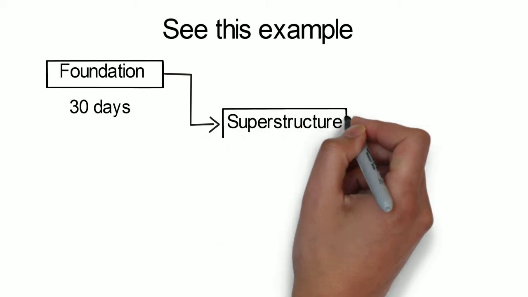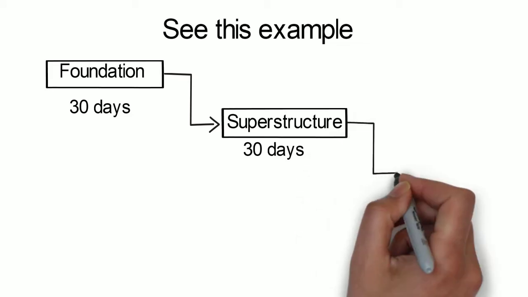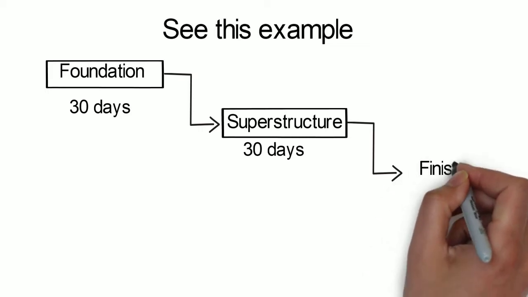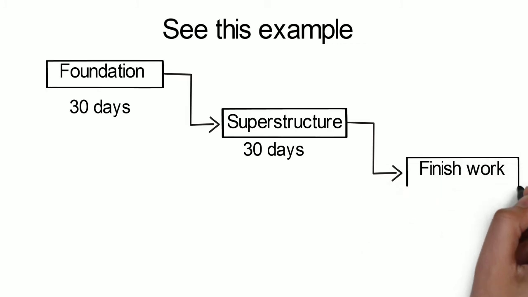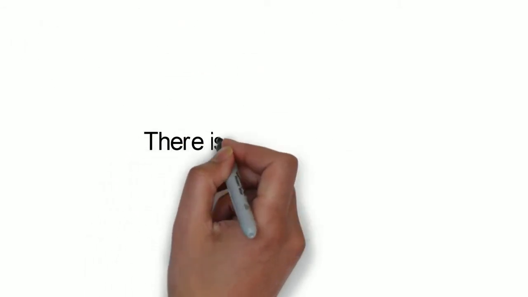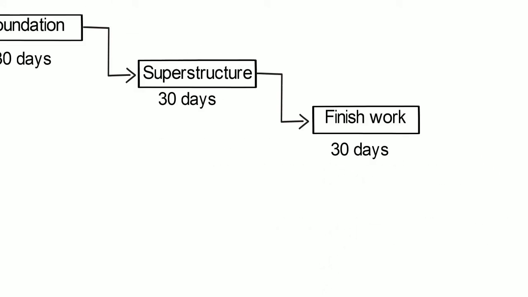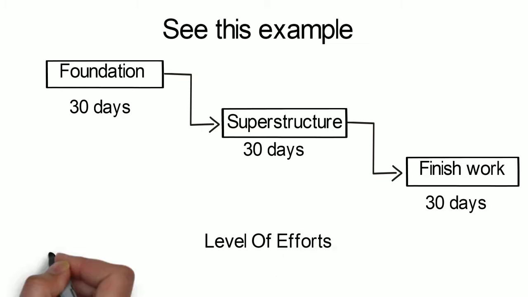Superstructure will also complete in 30 days. 30 days is the total duration of these activities. Next is finish work, finalized in 30 days. There is another activity: level of efforts.